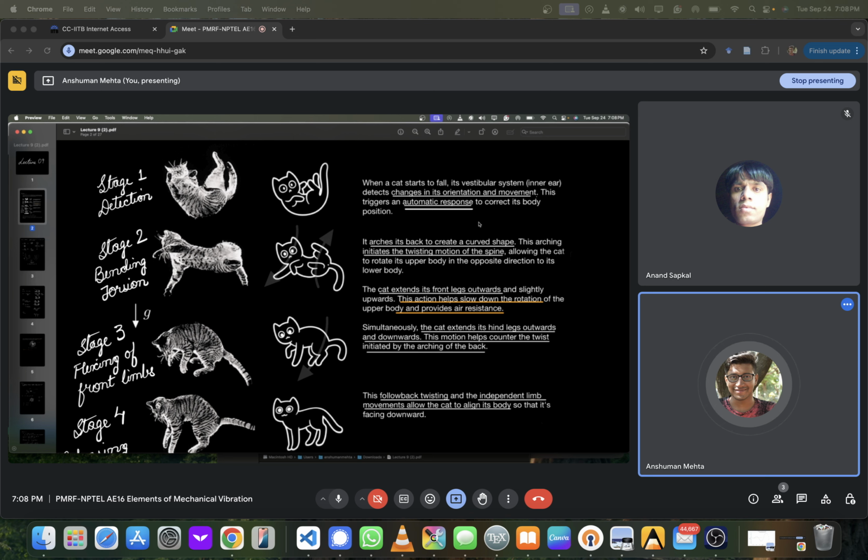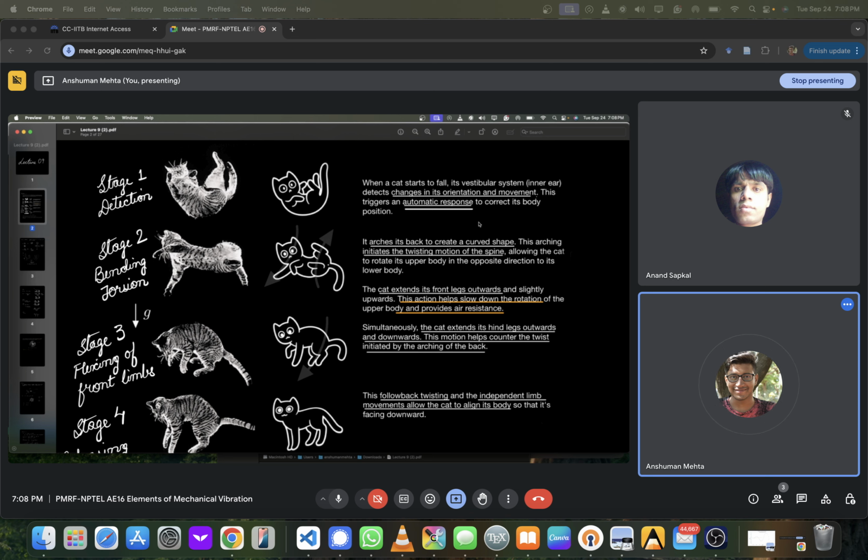Both these points are very beneficial to the cat in slowing down as well as having control over the rotation. So that is stage 3 now. Stage 3 is flexing of the front limbs.